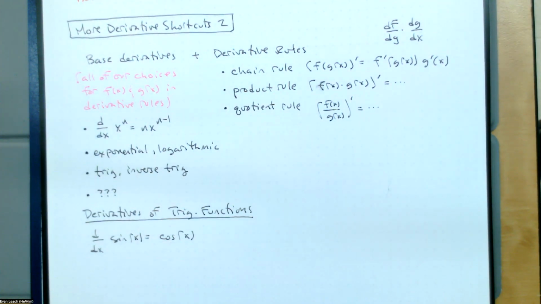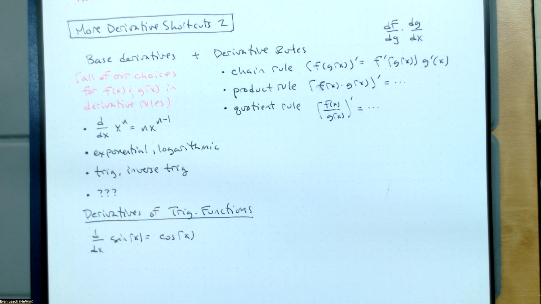The derivative of sine is cosine. That's how we'll say it. We'll say it without the of x parts. The derivative of sine of x is cosine of x. Specifically, the derivative with respect to x of sine of x is cosine of x. See, as soon as you start trying to include all the words, it just becomes excessive. So we're just going to say the derivative of sine is cosine.